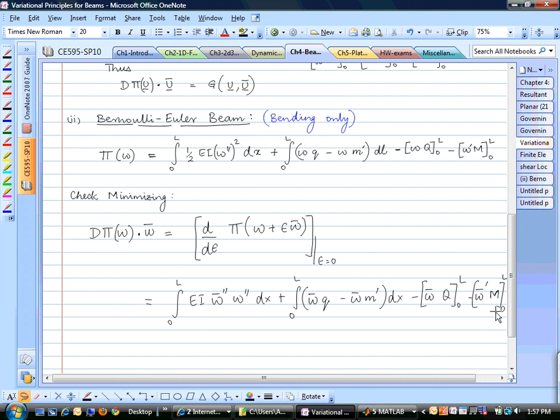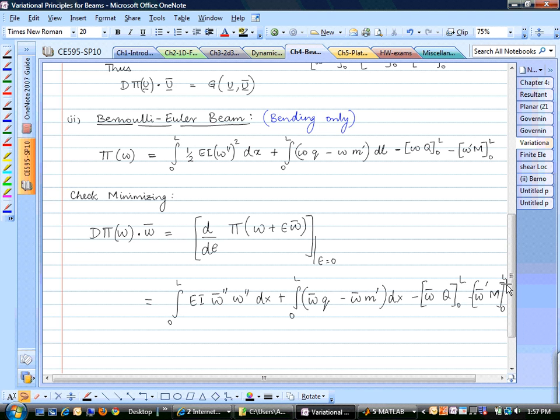If you have end moments or end loads applied on your beam, these come in. This is the applied distributed load along the beam, Q and M prime, and this is the bending energy, the internal virtual work stored in the beam.